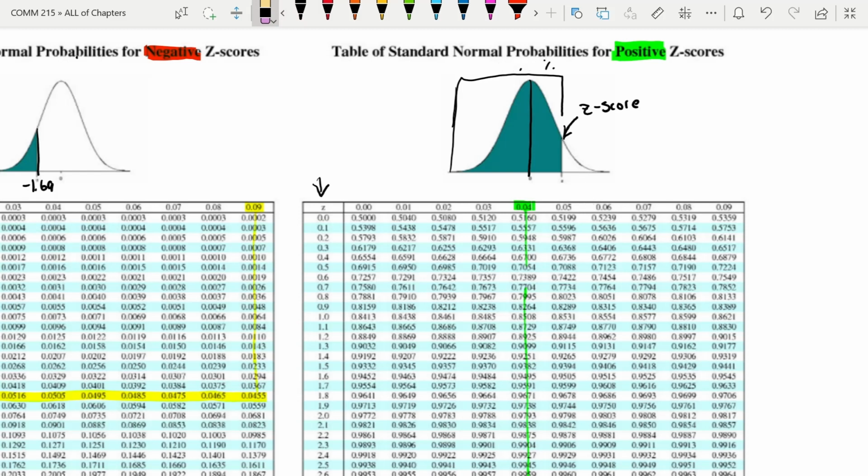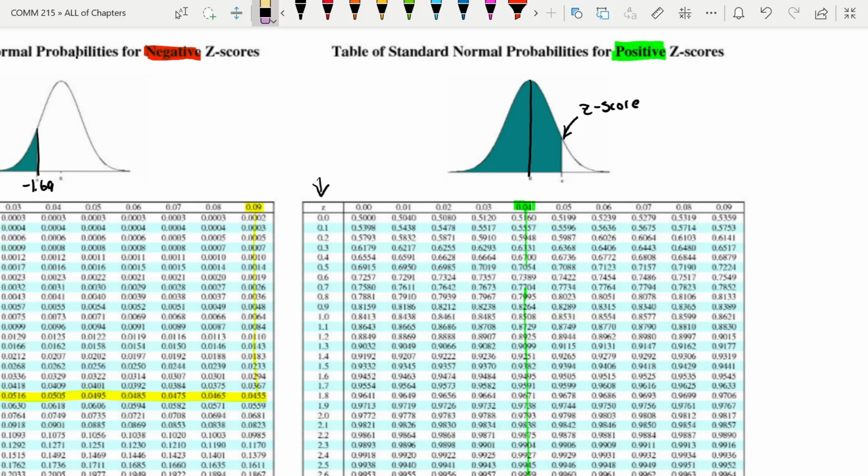And so this is important to calculate the probability. Let's say a question is like, they give you a value of your mean, they give you your standard deviation, and then you want to say, what is the probability of these people having a mark lower than X?